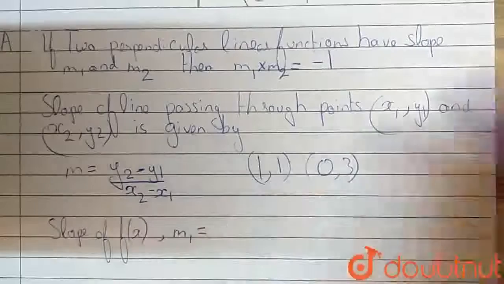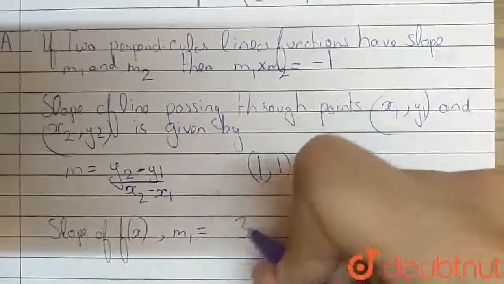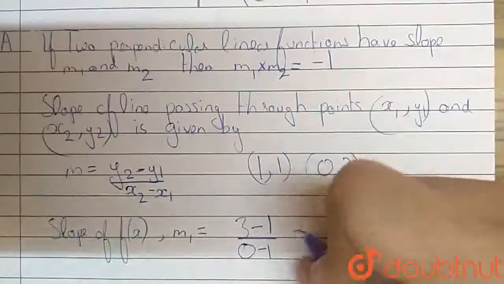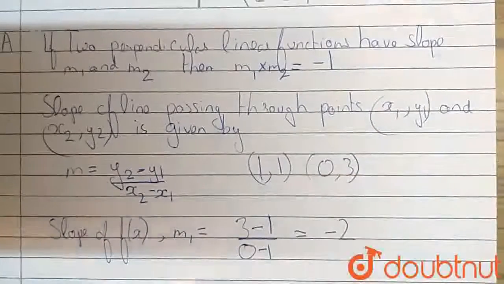Hence, using this formula, we will get (3 minus 1) by (0 minus 1), which is nothing but -2.